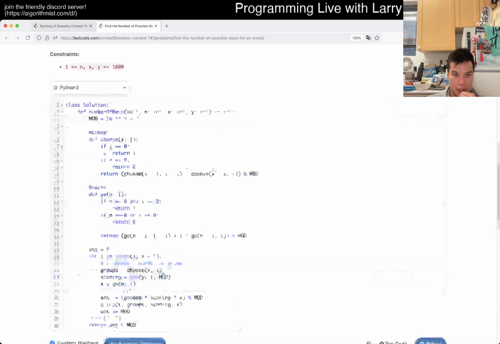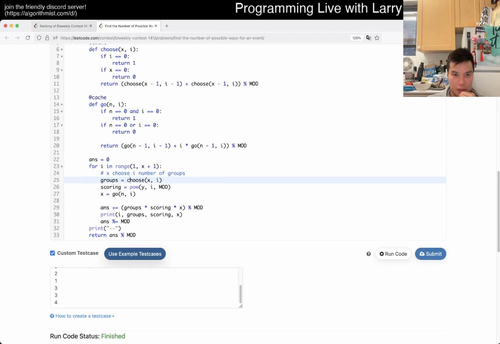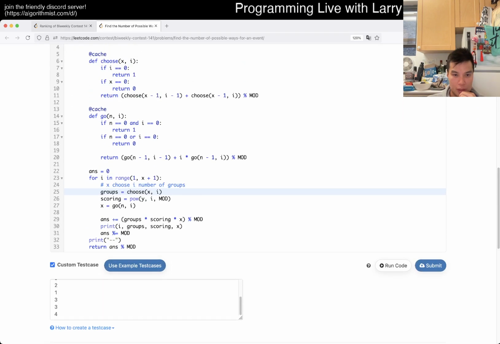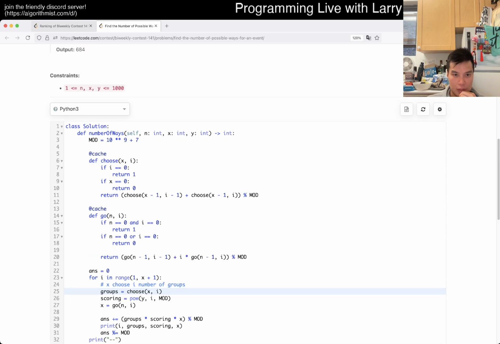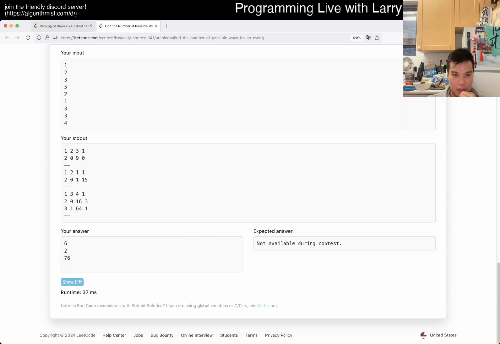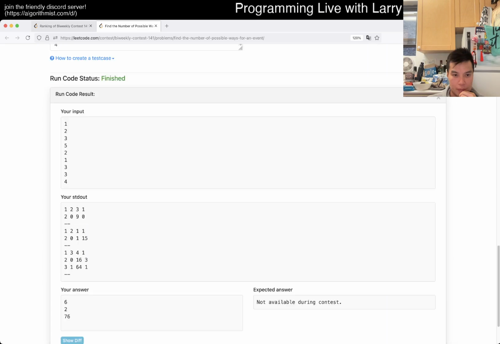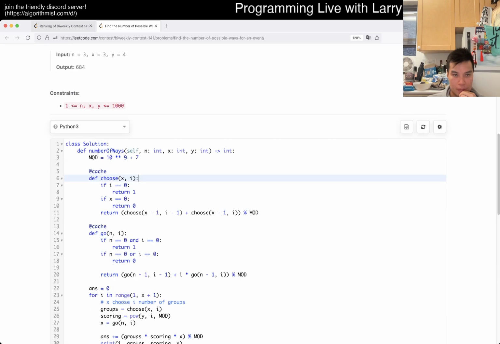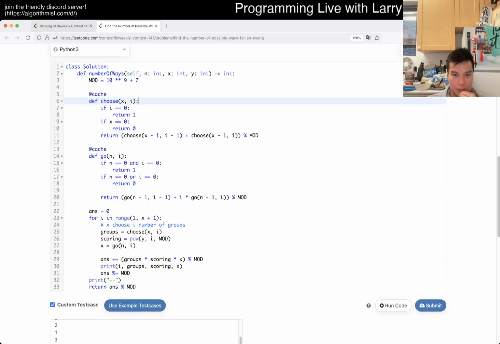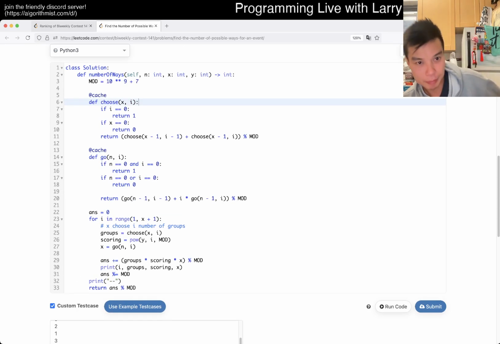What is X? X is 2. 2 choose 2. Did I do this wrong? 2 choose 2 should be 1, right? Am I really that bad at the binomial?